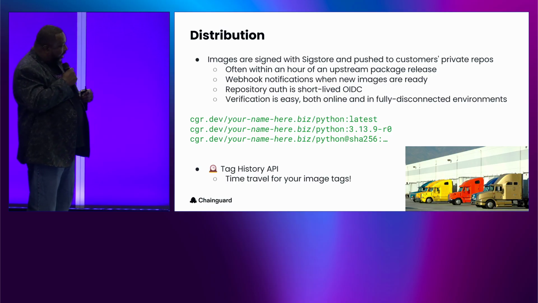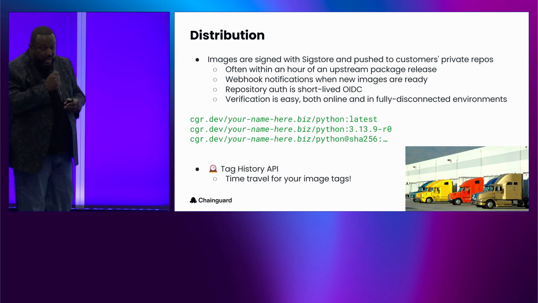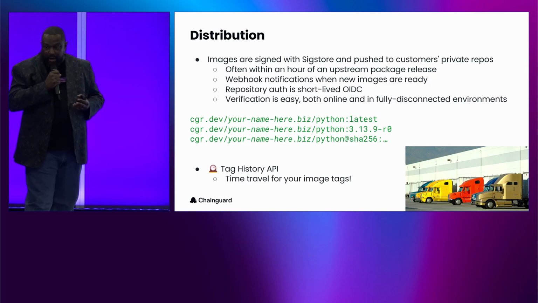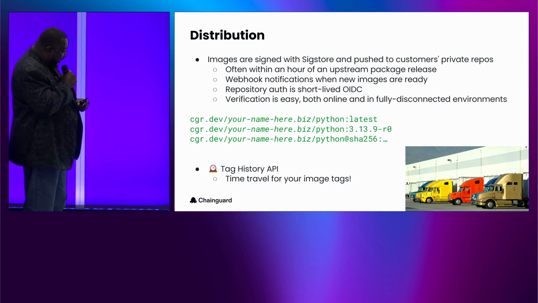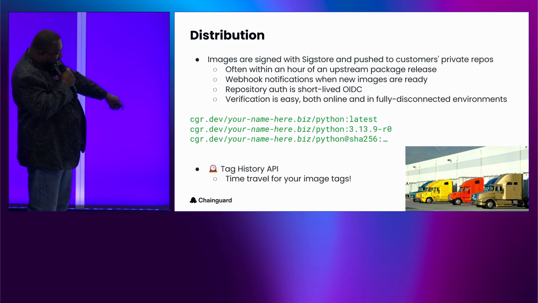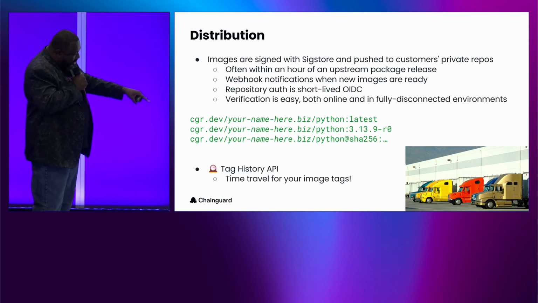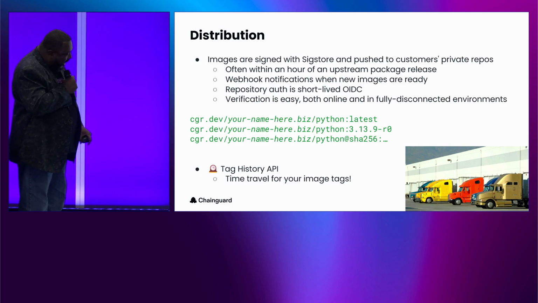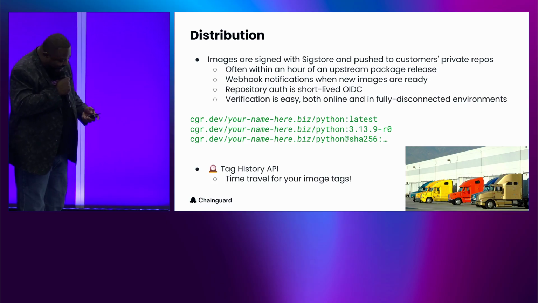Most importantly, we have LDAP and other features that allow you to customize those images so you can have your own code and image program leveraging Chainguard images. That way we build those for you so you don't have to manage that in-house. As you can see in the green, that's an example of your name here with a particular image type. And on the tag history, you can even time travel and look up previous builds if you like.